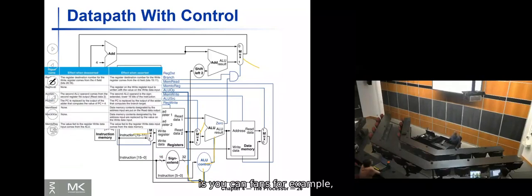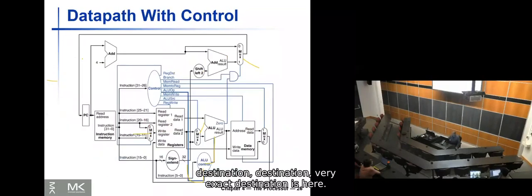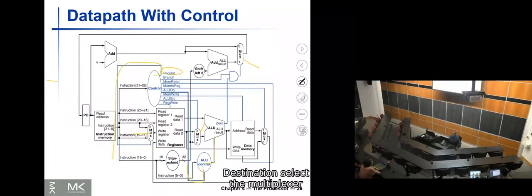These are the control signals which you can see. For example, reg destination. Where is that? Reg destination is here. It selects the multiplexer to say which value should go to the register file and update the register.